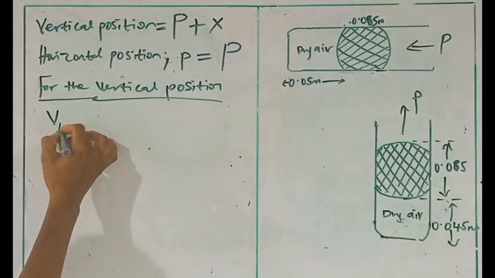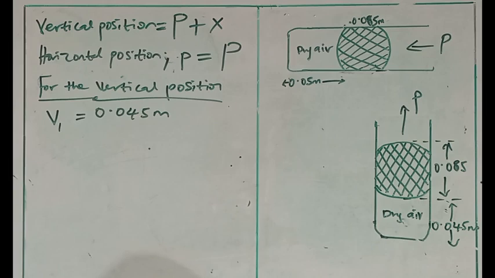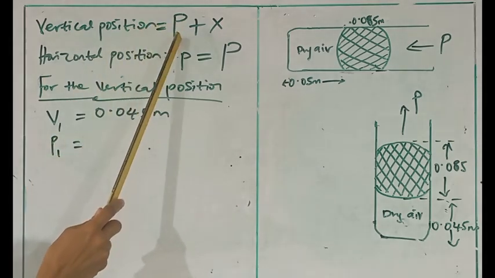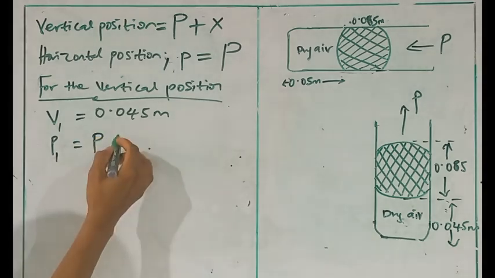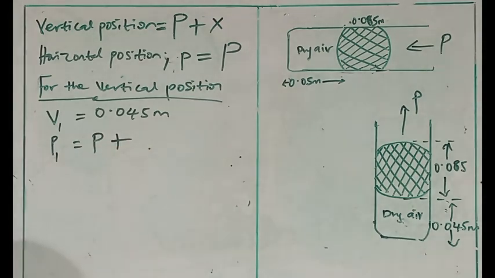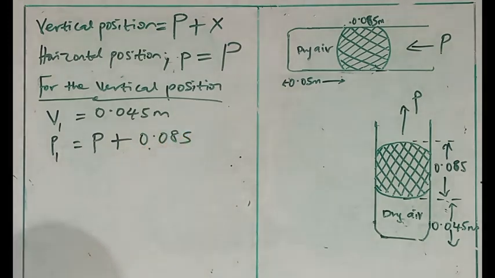Let's say V1 is equal to 0.045 meters. And the pressure for the vertical position is P, that's atmospheric pressure, plus x, which is 0.085. It means that we have gotten P1 and V1 for the vertical position.